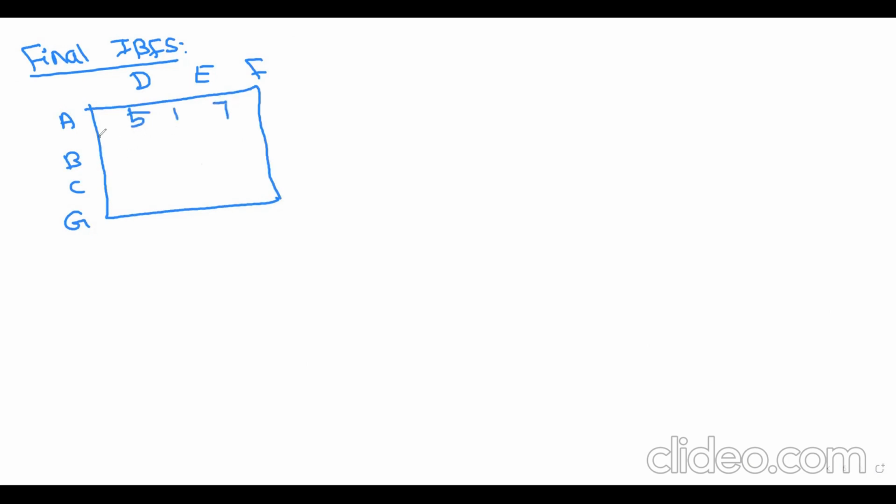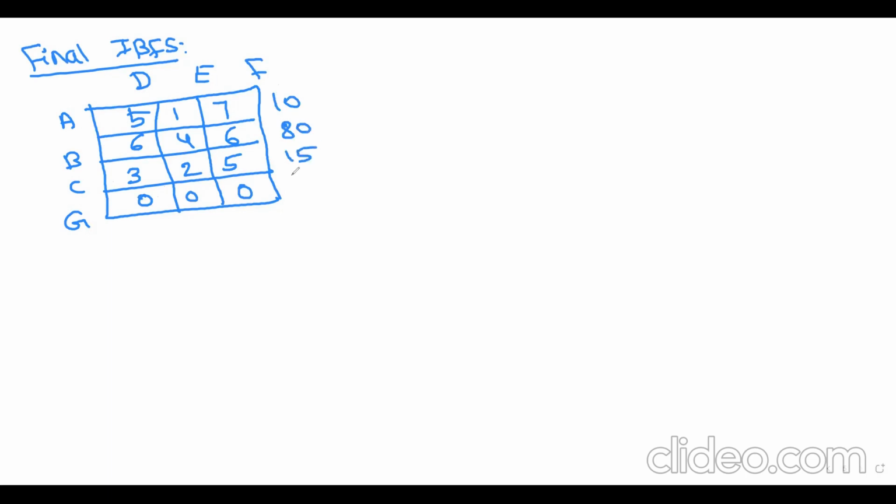Second row 6, 4, 6. Here I have 3, 2, 5. And next I have all zeros, so we introduce a dummy row. Supplies are 10, 18, 15, 40. And here I have 75, 20, 50.